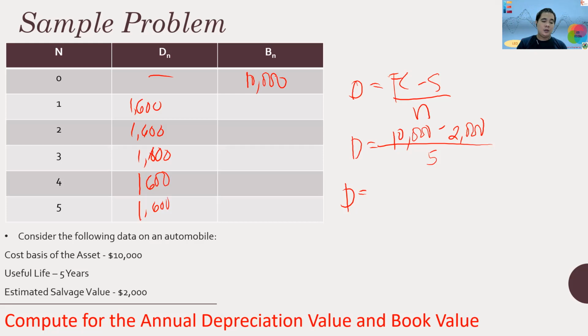So 10,000 minus 1,600 is 8,400, which is the book value at the end of its first year. 6,800 on the second year, 5,200 on the third year, 3,600 at the end of the fourth year, and $2,000 at the end of the fifth year. So that is how we will compute our depreciation using the straight line method.